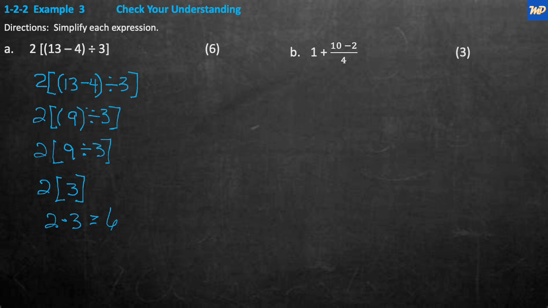Okay, B, 1 plus. Oh, we have a fraction here. Well, when we have a fraction, first of all, you need to understand and remember that the fraction line is a grouping symbol.